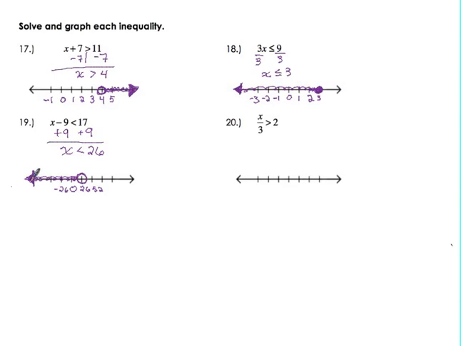All right, last one for this slide. I have x divided by 3 is greater than 2. I need to get rid of that 3. How is that 3 talking to the x? That's right, by division. How do I break that apart? I'm going to multiply both sides by the number 3. So those are going to cancel, and I have x is greater than 6.